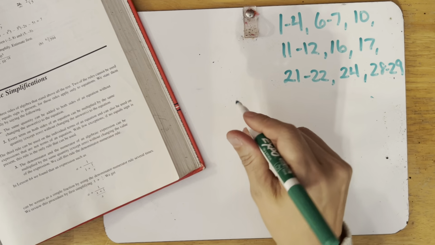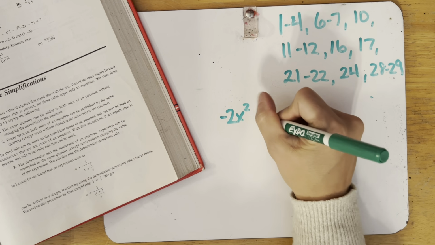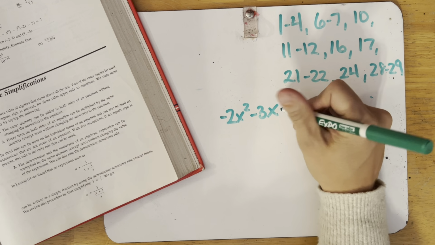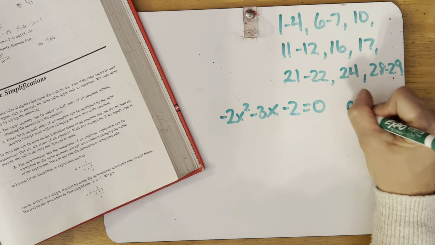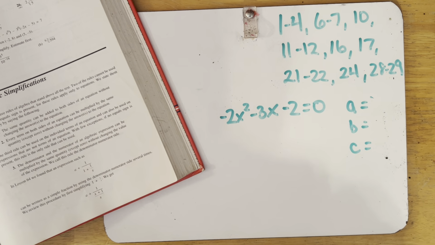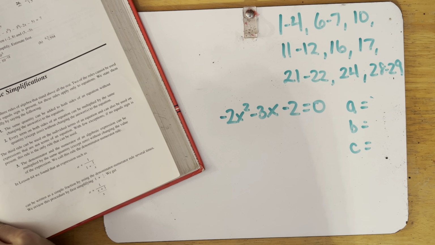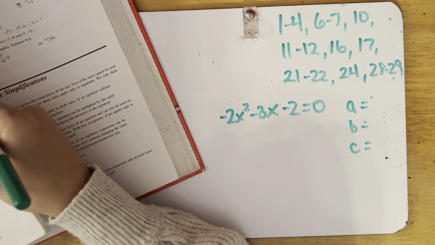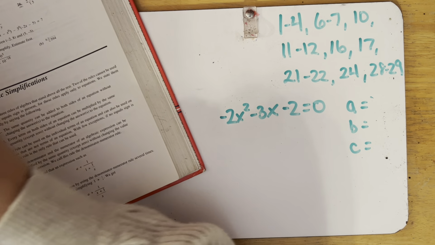22, using the quadratic formula, you need to get it set up in the right format. Minus 3x minus 2 equals 0. This is where you have your a equals, your b equals, and your c equals. I'm trying to think what page I told you that formula was on. Let's see if I can find it quick.